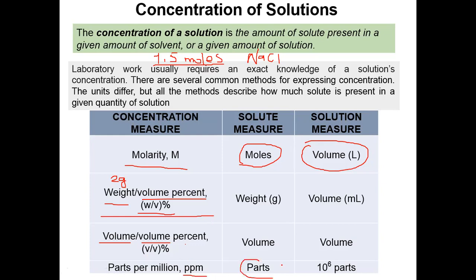This is parts per 10 to the power 6 parts of environment. For example, it's often used to characterize air pollution, the solid particles in air. Say there is 1 particle per 1 million molecules of oxygen in air. Then the concentration of this solid particle is 1 per million, which is 1 ppm.